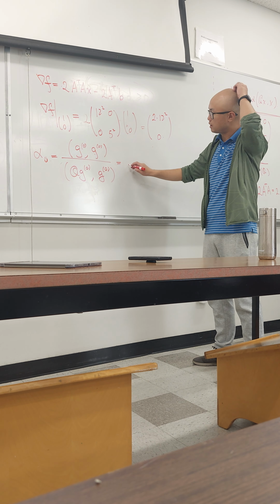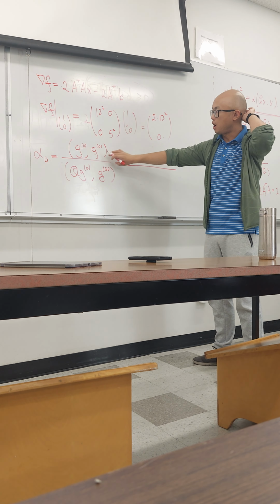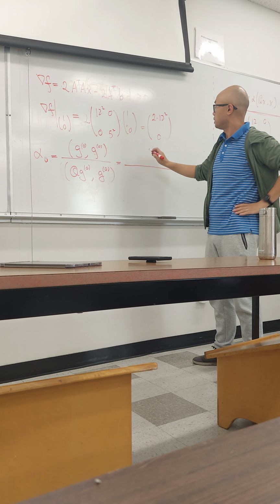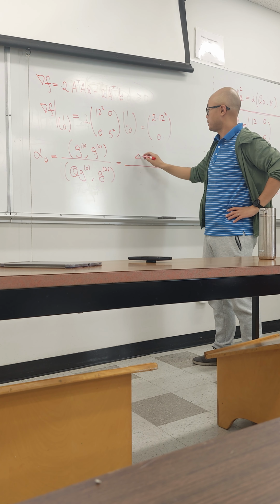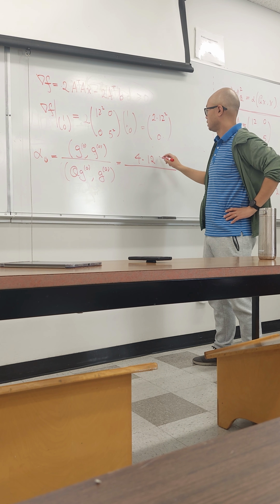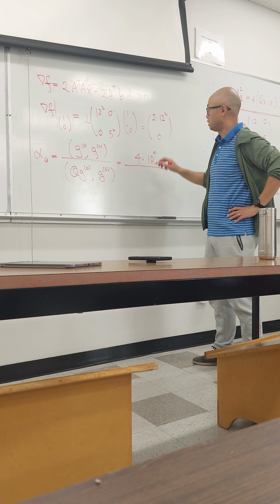Okay, now let's compute this. The top is this vector inner product with itself. What we will have is 4 times 12 to the 4th power.